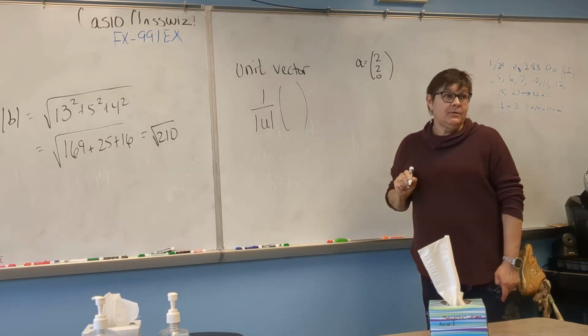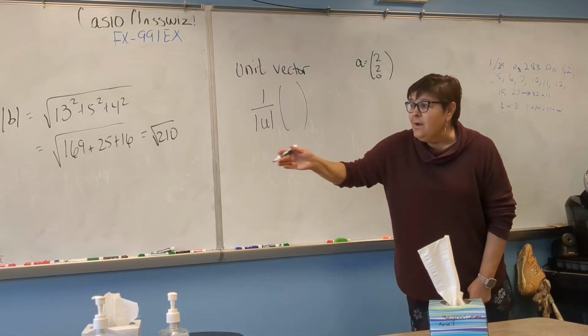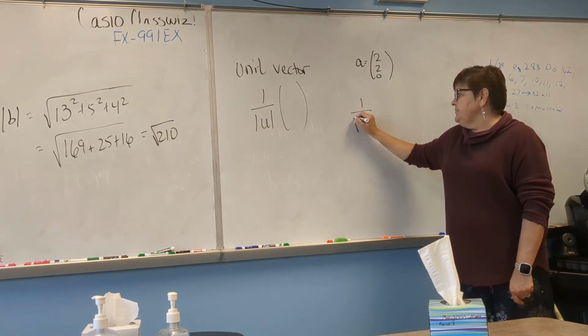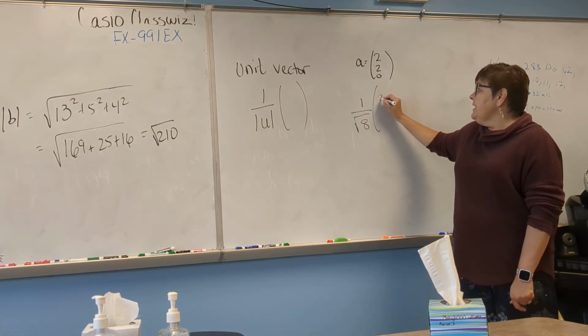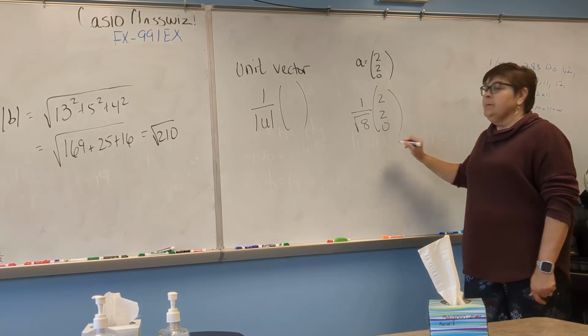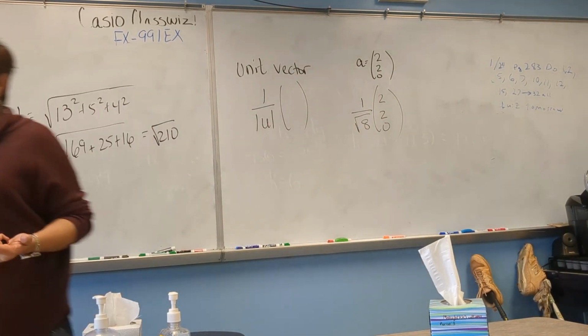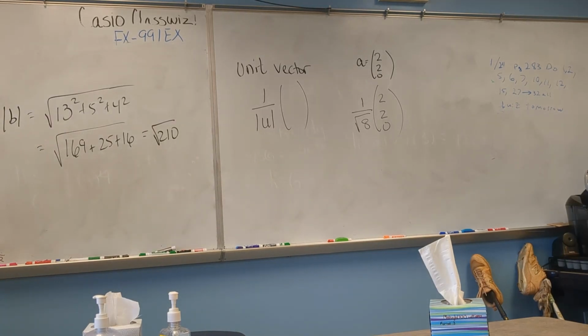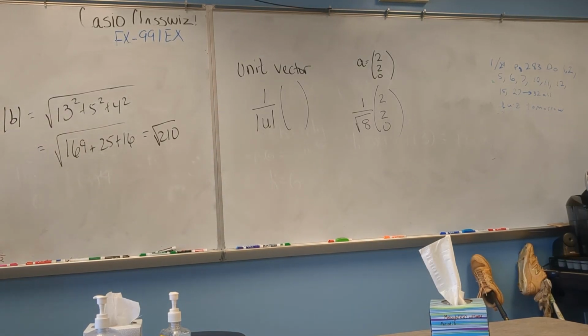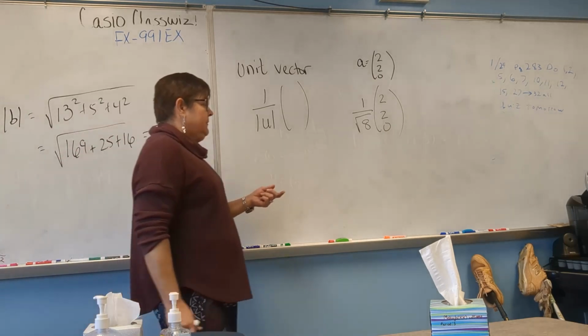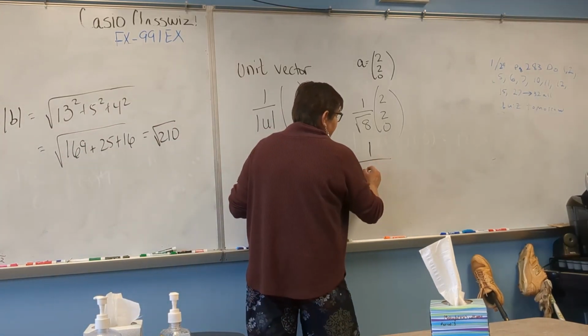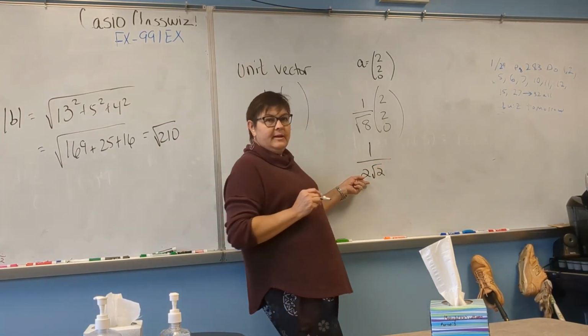To find the unit vector, we've done the legwork, we've found the length of it, and the actual vector itself was 2, 2, 0. You can leave it like that, or you can distribute that square root of 8 through if you so choose. Just to show you, the square root of 8 is 2 square roots of 2.